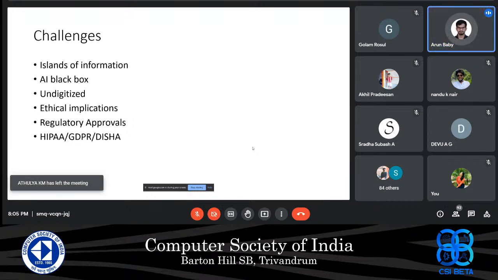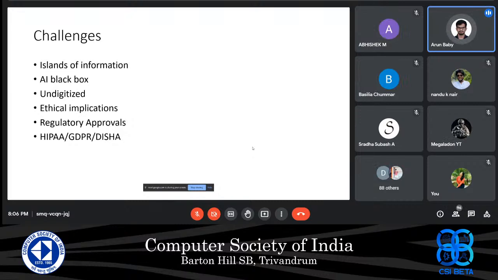Another issue which I personally faced during my time at IISc was that a lot of clinicians come forward with their issues, and they offer that they have a lot of patients and potential to generate a lot of data.